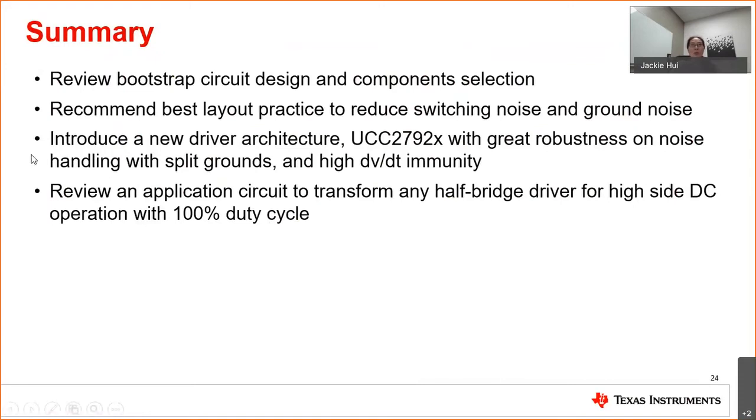We also introduced a new driver architecture, the UCC2792X, and showed some test results of its robustness against switching noise as well as ground bounce. And at the end, we reviewed an application circuit that can transform a half-bridge driver to high-side DC operation with 100% duty cycle.